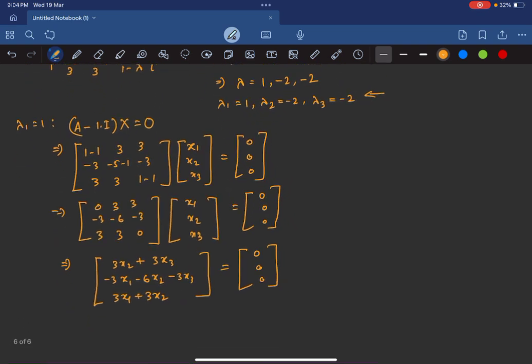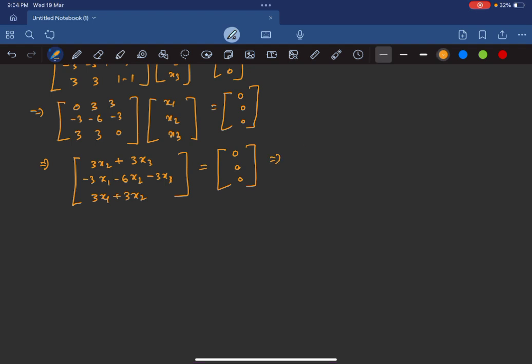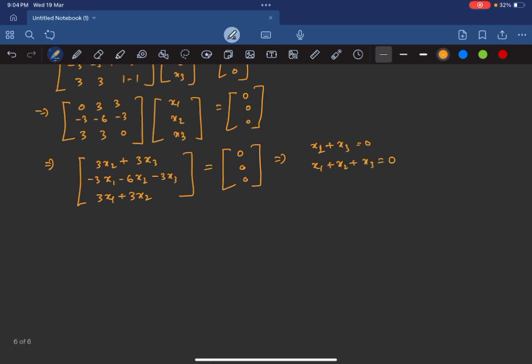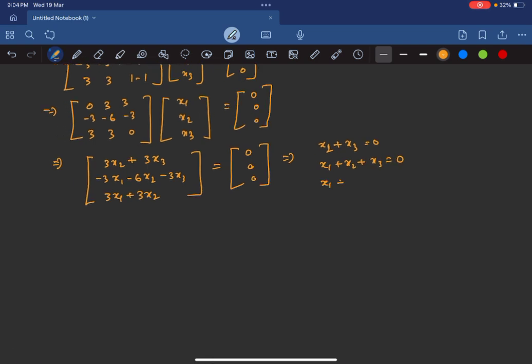So from here x2 plus x3 equals 0, x1 plus x2 plus x3 equals 0, and x1 plus x2 equals 0.